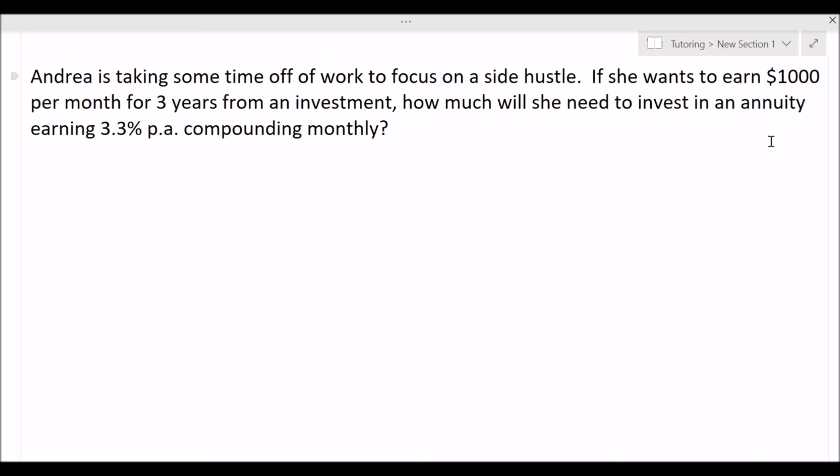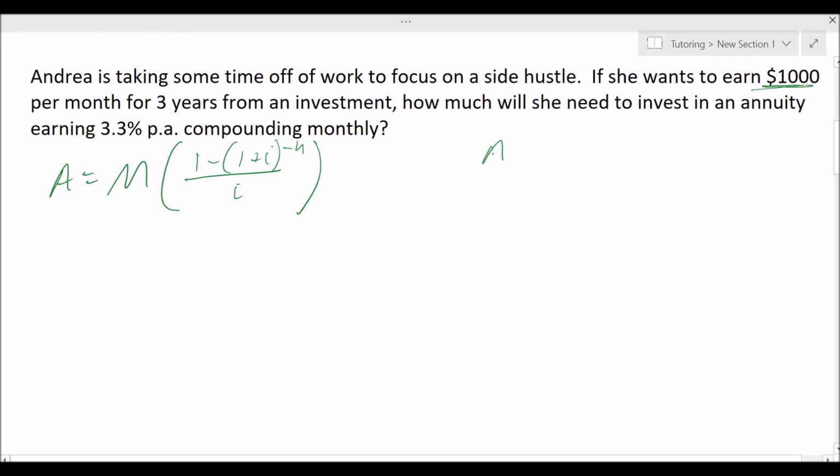Okay, well, the answer is we need the present value formula, okay, because she needs to know how much to invest now in the present so that she can withdraw some money. Okay, so the formula you need is this one. Okay, and we are solving for A in this case.